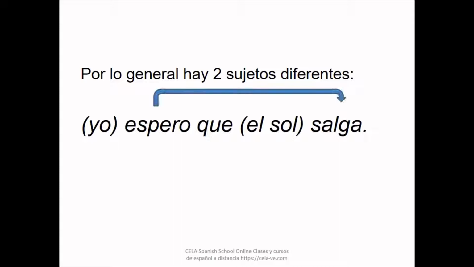In the first sentence, with the verb esperar, we express an expectation that we have about an action of another person or a thing, which in this case is el sol. In other words, I want the sun to do something, salir.